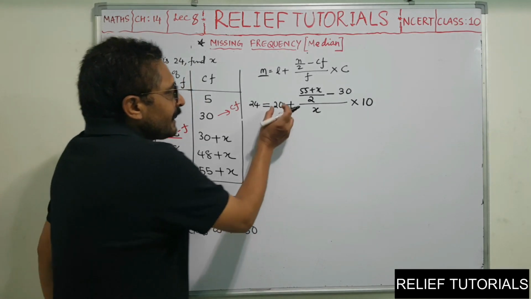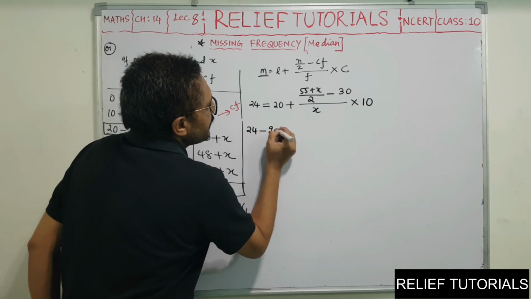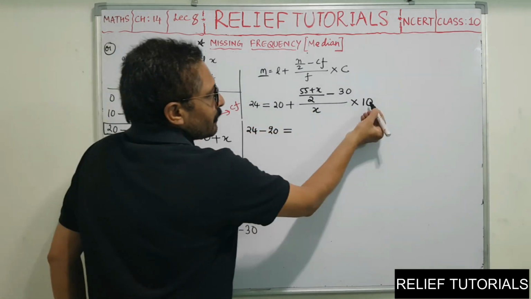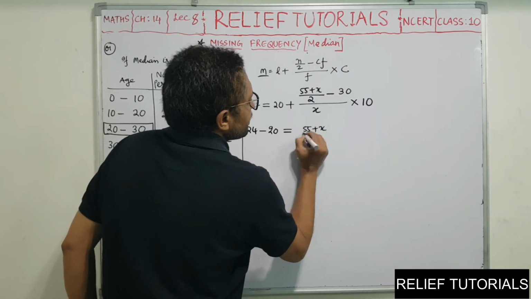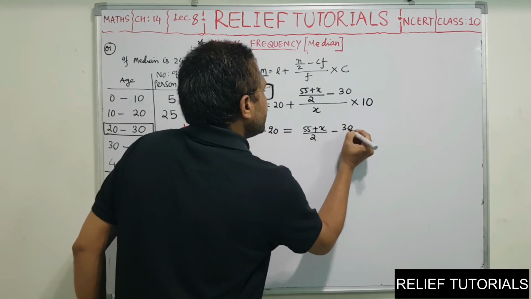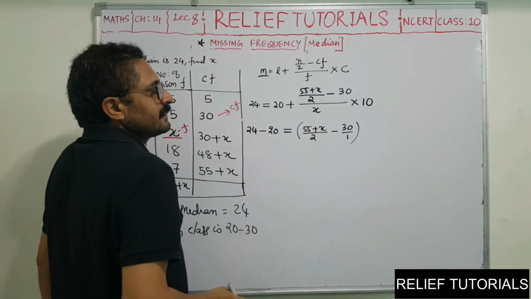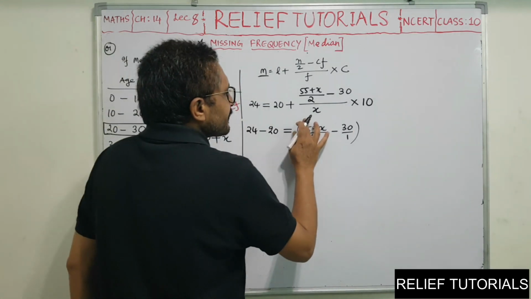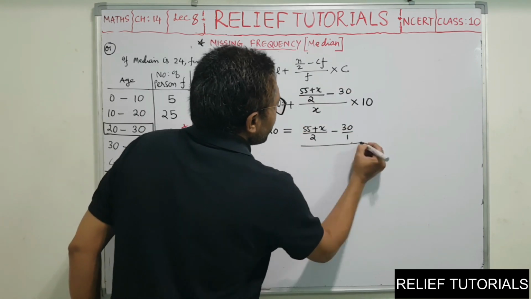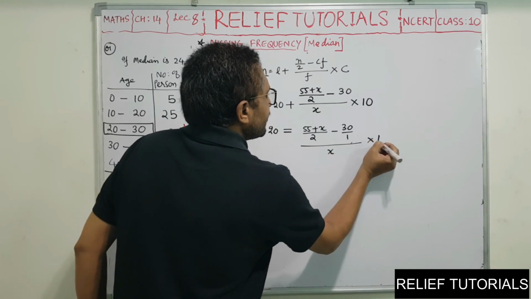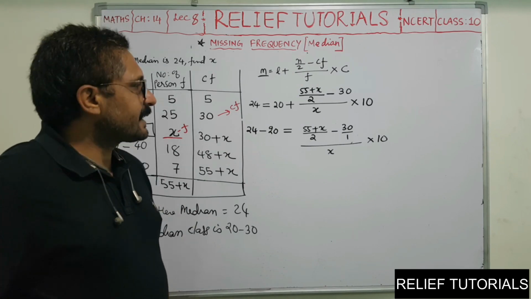Now this is plus 20; when it comes here, it will become minus. 24 minus 20 is equal to 55 plus x divided by 2 minus 30, into 10 by x. Or I can write this as the numerator upon x into 10. It is the same thing.